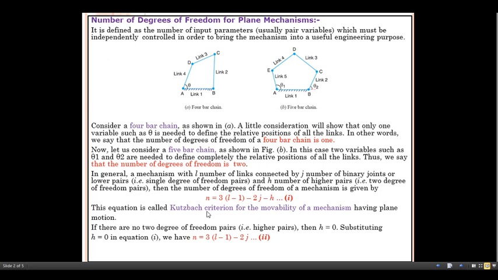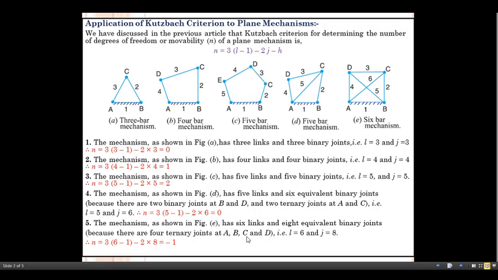This equation is known as Grubler's criterion for the movability of a mechanism having plane motion. If there are no 2 degree of freedom pairs or higher pairs, then the value of h becomes 0. If I substitute h as 0 here, we get the equation: n equals 3 into (L minus 1) minus 2j.